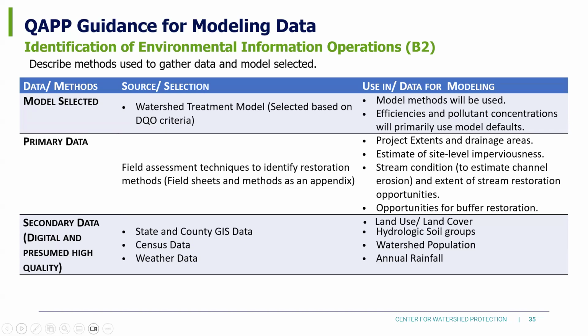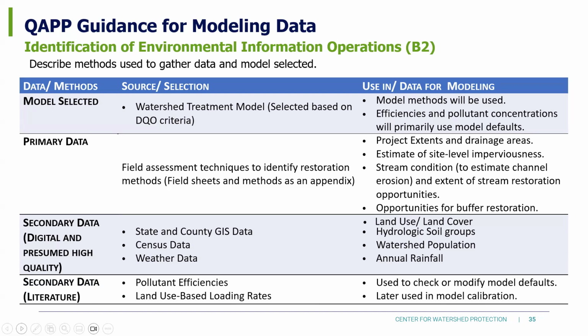The GIS data told us what our land use was in the watershed and what the land cover was. It told us about the soil groups, the watershed population, and our annual rainfall. We also had secondary data from the literature, which helped us with tweaking this model to see what our pollutant efficiencies are and any land-based loading rates.